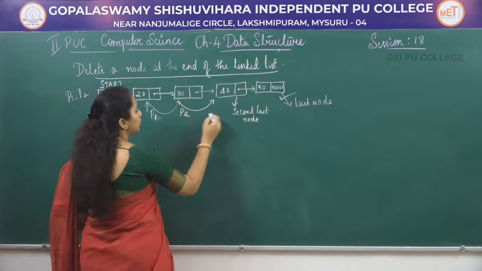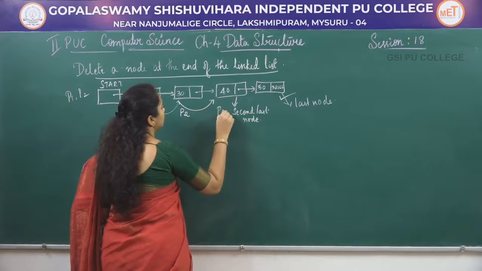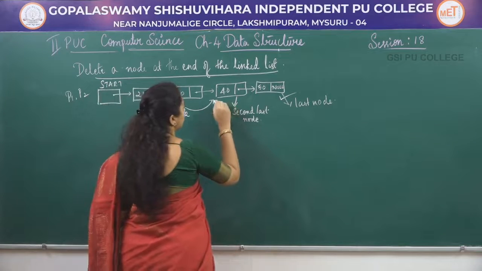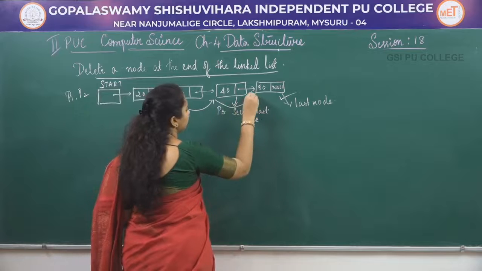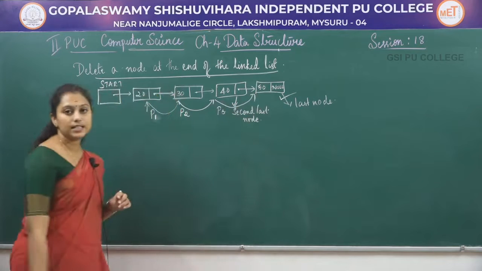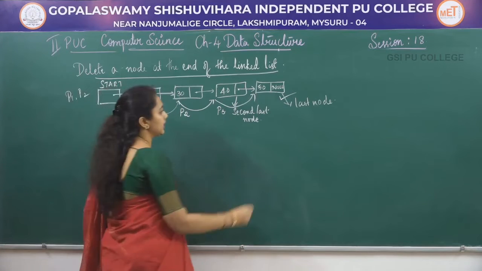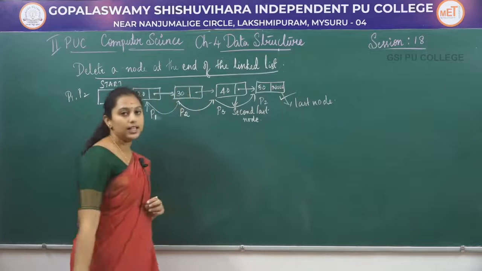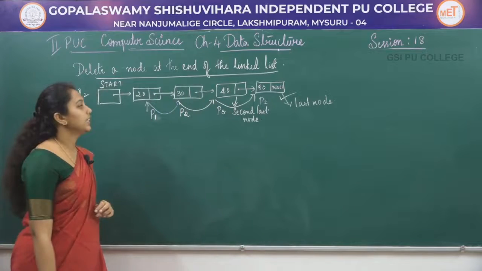So I traverse the third node of the linked list. This also does not contain null as its value in the link field. The last node contains null as its value in the link field.